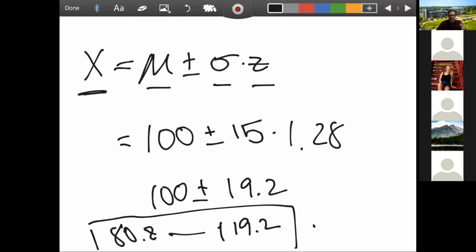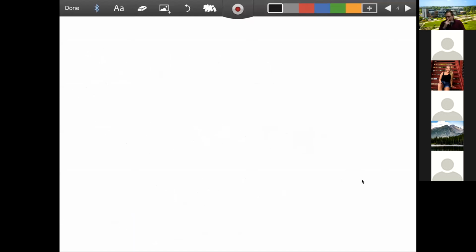Of course. All right, I saw some other chat things pop up. Can we do a word problem that asks about the unit normal table that has to do with the proportion between mean and z? Sure. So let's think about when we would actually want the distance essentially between mean and z.